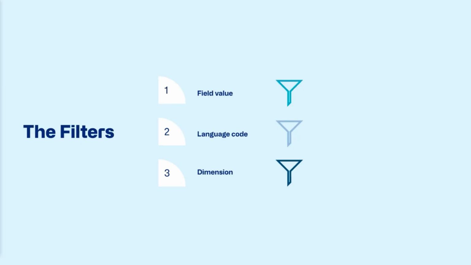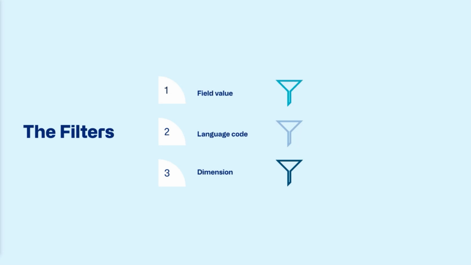But let's start out with how to consider the filters for building up variations. We have three different filters that we can apply. One filter is for field values, and these are the field values that we can find in the first table of the report.